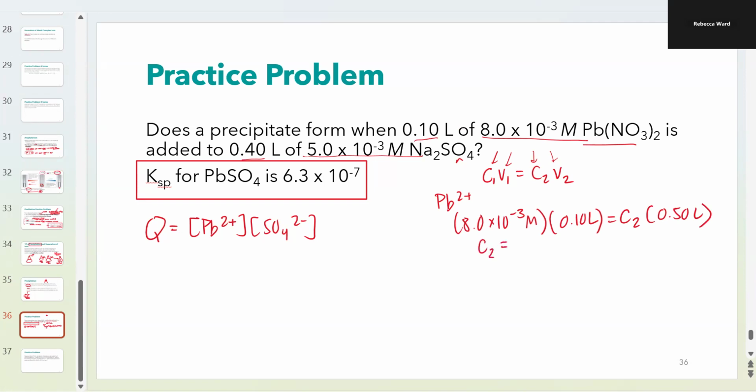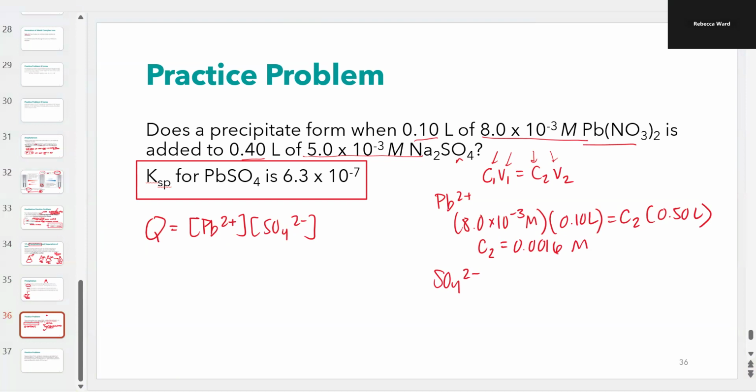So my concentration of lead 2+ in this new volume is 0.0016 molar.